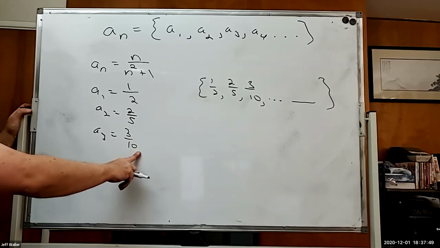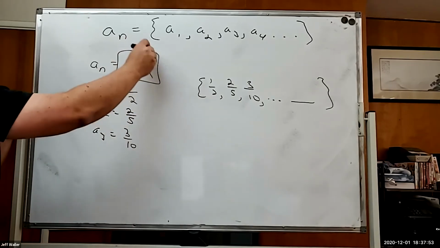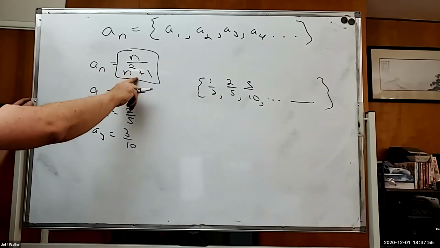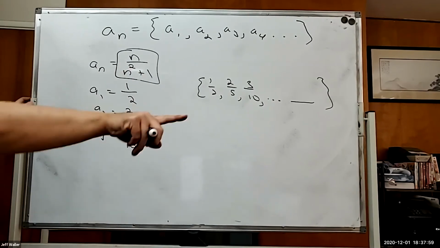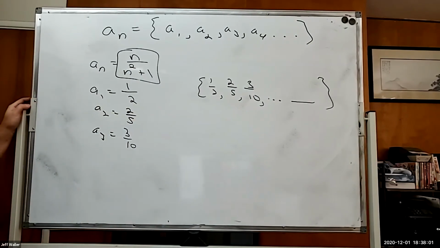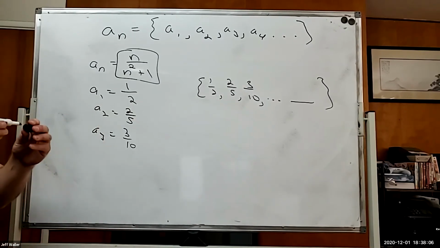Smaller, so they're approaching 0. Yes. And in fact, if you look at this as a function, what would the horizontal asymptote be? The bottom power is bigger, 0, right? Math is all connected.